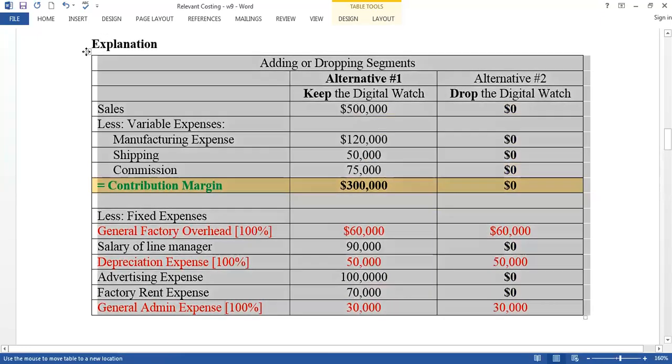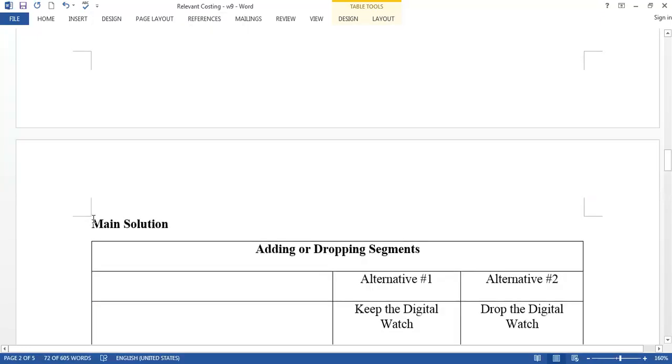Okay, so I keep this, copy this, and paste here.